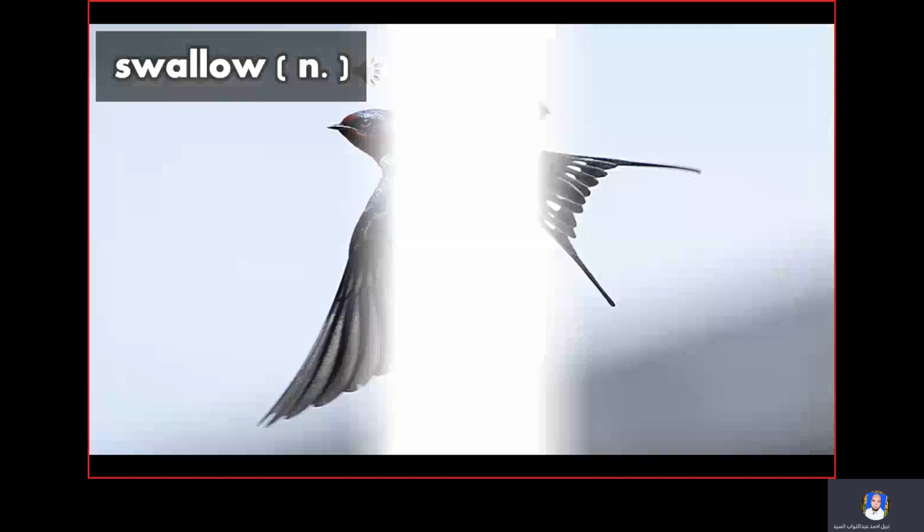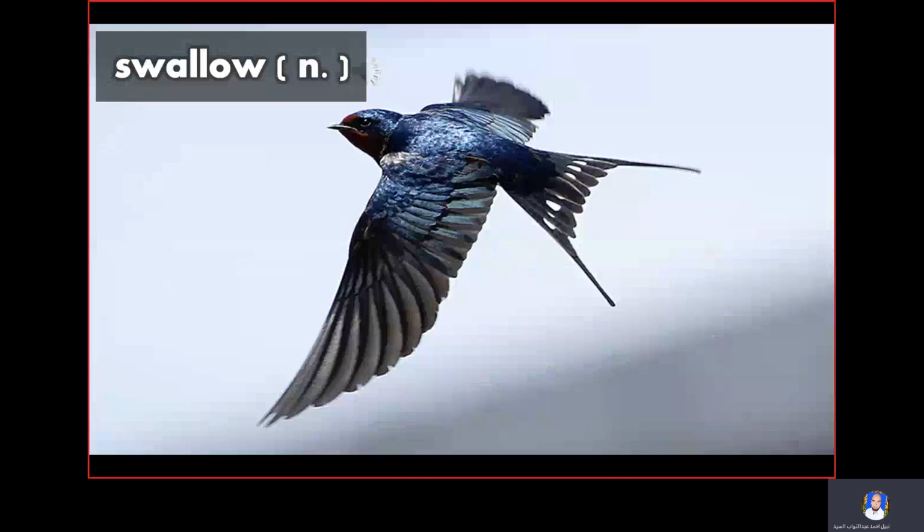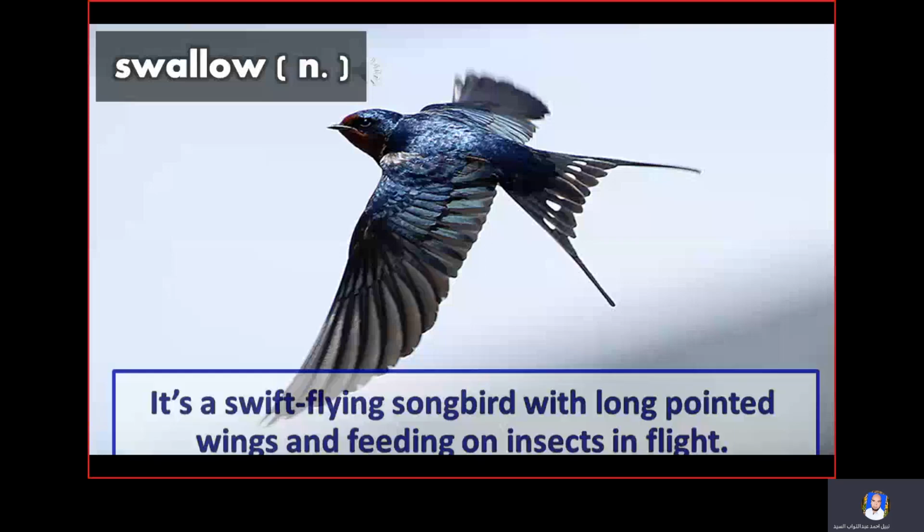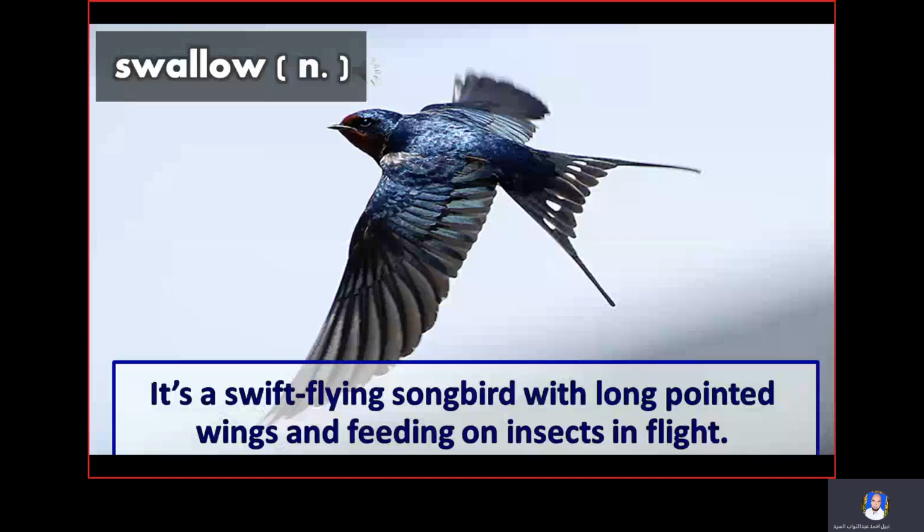Swallow. You should chew your food before you swallow it. But swallow here is a noun, not a verb, in the lesson. What is swallow? Swallow is a swift flying songbird with long pointed wings and feeding on insects in flight. So what kind of bird is it?